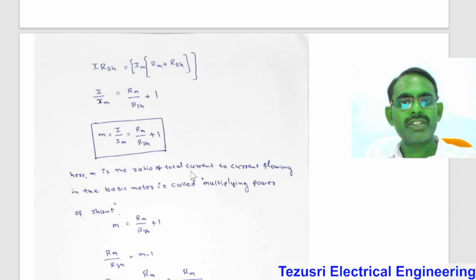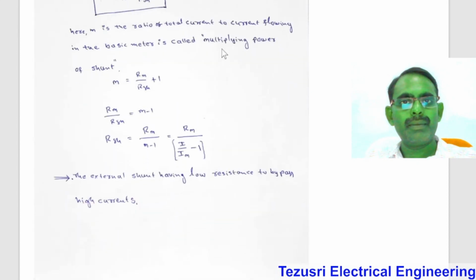Here M is the ratio of total current to be measured to the current flowing through the basic meter. This is called multiplying power of the shunt.